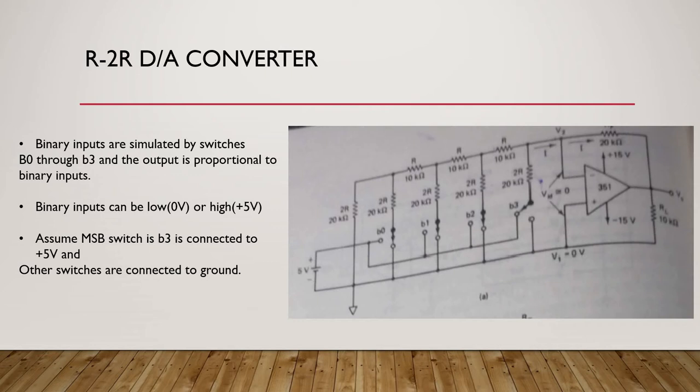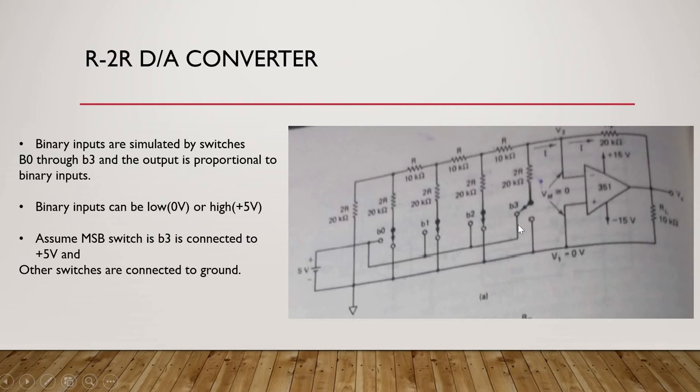Now, for the time being, let us consider the binary word B3, B2, B1, B0 as 1, 0, 0, 0. Here 1 means this is connected to plus 5 volt, and the other 3 switches are connected to the ground. See here, B3 is connected to 5 volt and all the others, B0, B1, B2, are connected to ground.